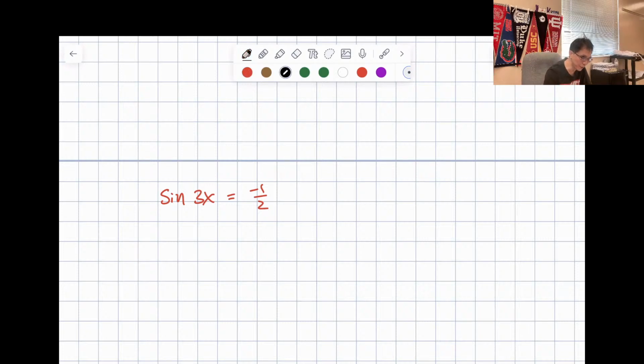If you ever see this 3x and there's a number on the other side, don't bother to use the multiple angle theorem, like the double angle identity, because you want to just keep it sine of 3x. The idea is, instead of reading it as sine of 3x, you can read it as sine of, let's say, u equal to -1/2. When does the sine equal -1/2?